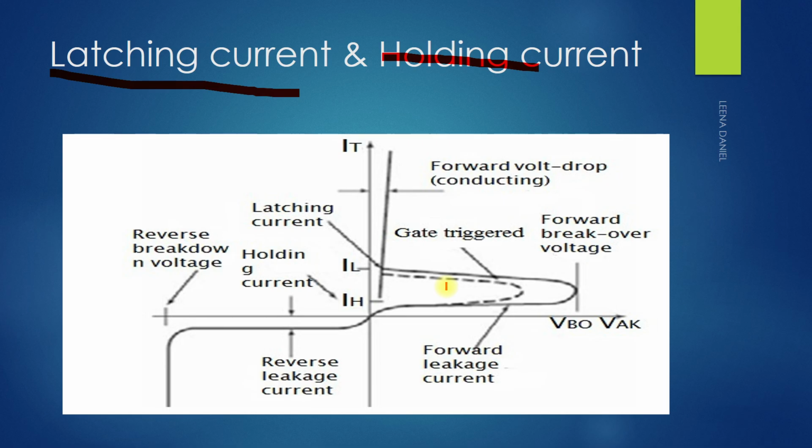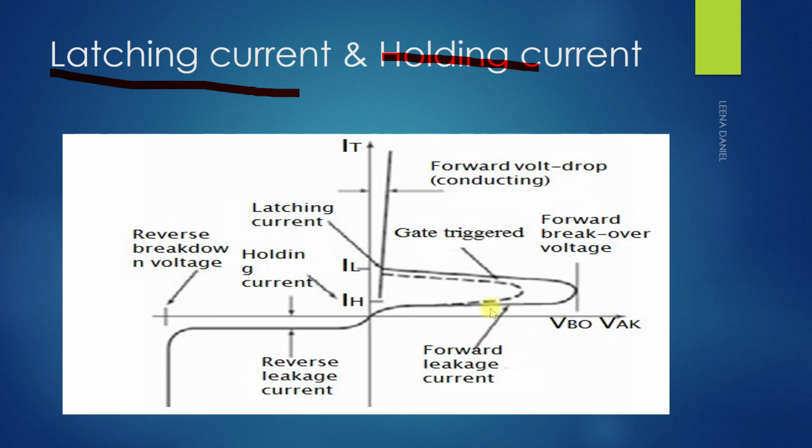So latching current is the minimum anode current which is required to maintain the on state of the thyristor after removing the gate signal. Latching current is always defined at the time when the thyristor latches from off state to on state. So we can say that latching current is associated with the on process of the thyristor.